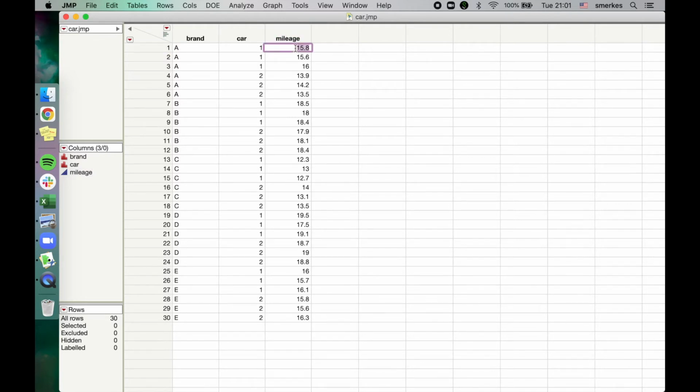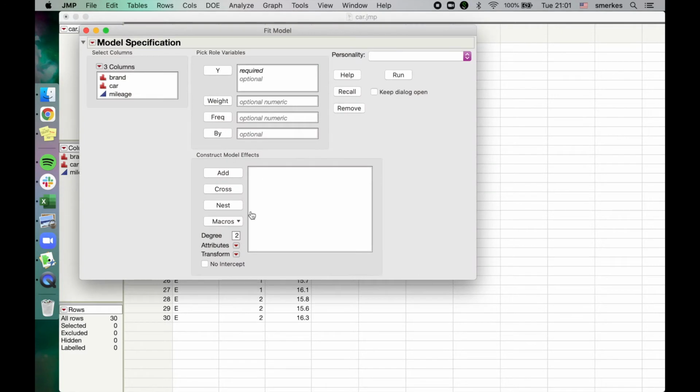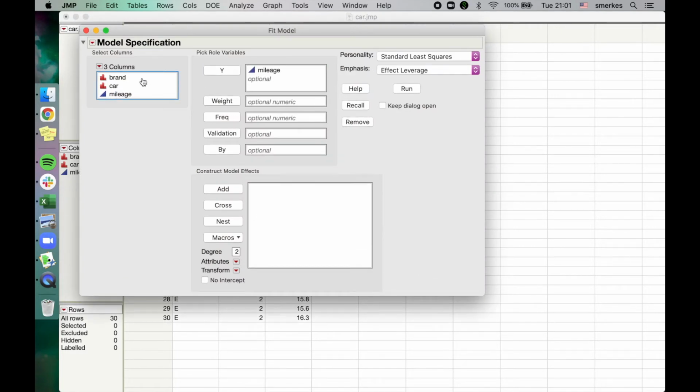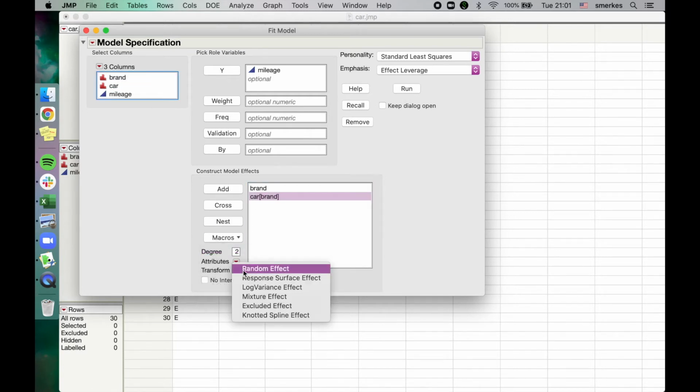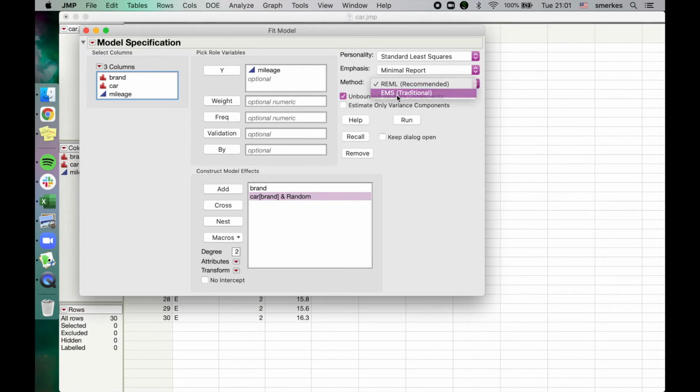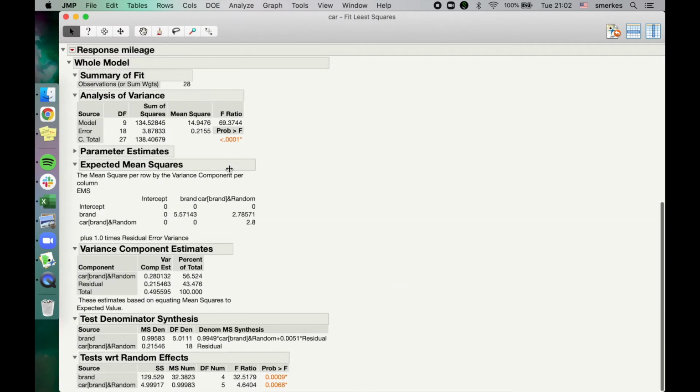So let's say we got rid of this guy and we got rid of maybe this gal. Okay, so we now have an unbalanced design. If we did our subsamples, we analyze, fit model. Again, I will do this a lot slower in our next video, for my JMP users. And we run it. We're going to get an F ratio of 3.2.